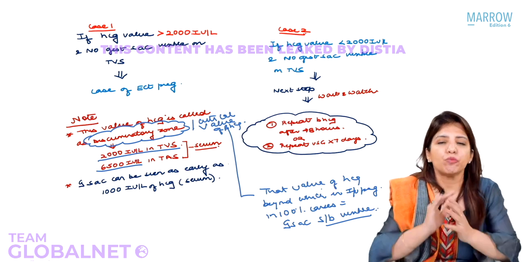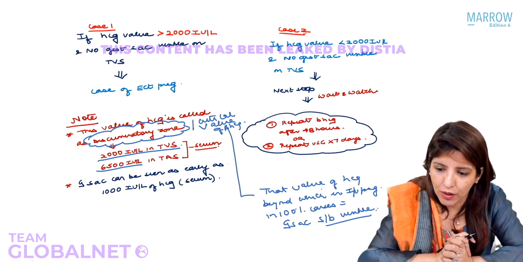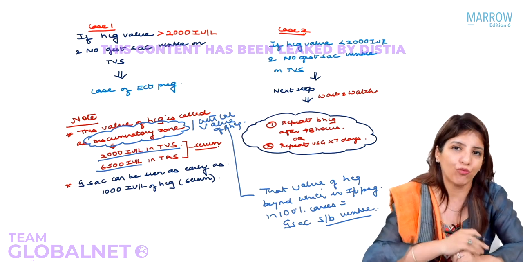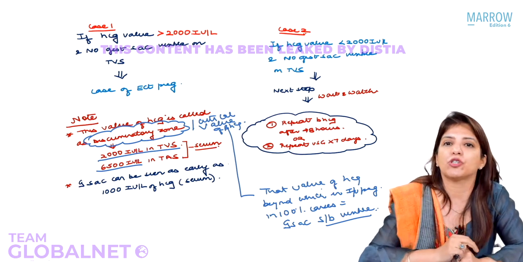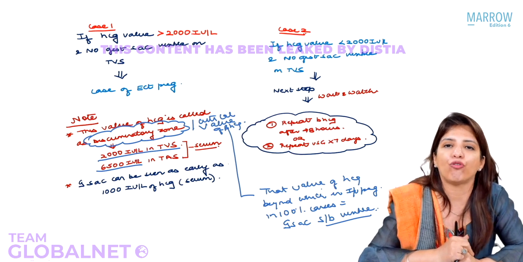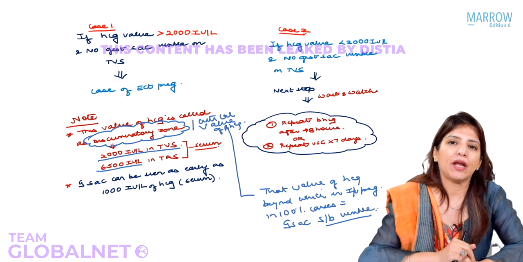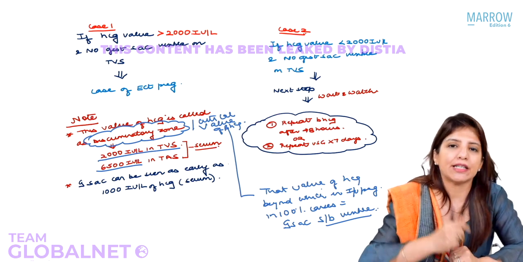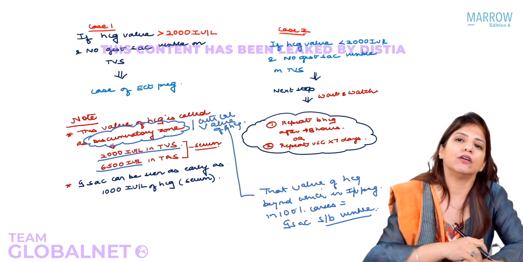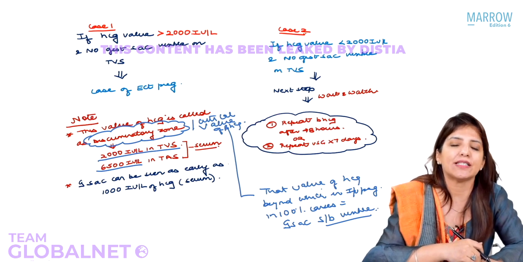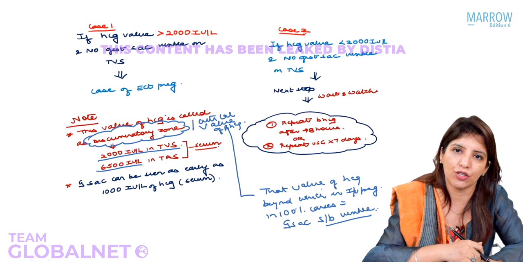Okay. Now, if this point is clear to you, there are a few lectures which I am retaining from edition 4, and one of the lectures which I am retaining from edition 4 of Marrow is ectopic pregnancy. In the ectopic pregnancy lecture, you will see that I am telling you that the critical value of beta HCG on TVS is 1500 international units.